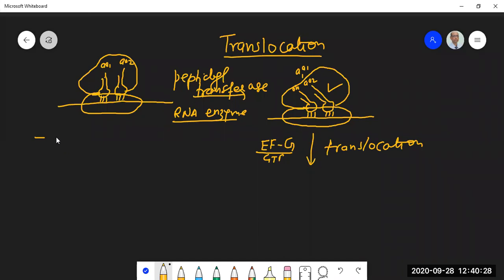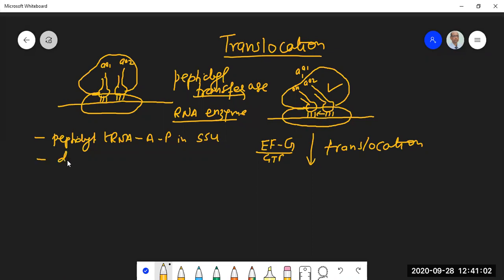One, the peptidyl tRNA moves from A site to P site in the SSU. It is already there at the P site in the LSU, but in the small subunit, it will move from A site to P site.